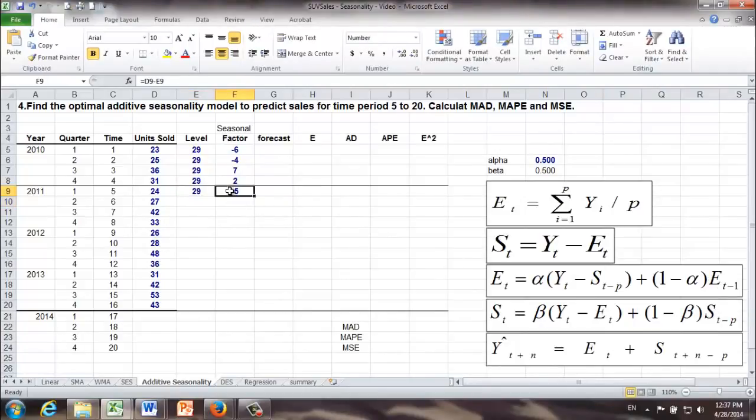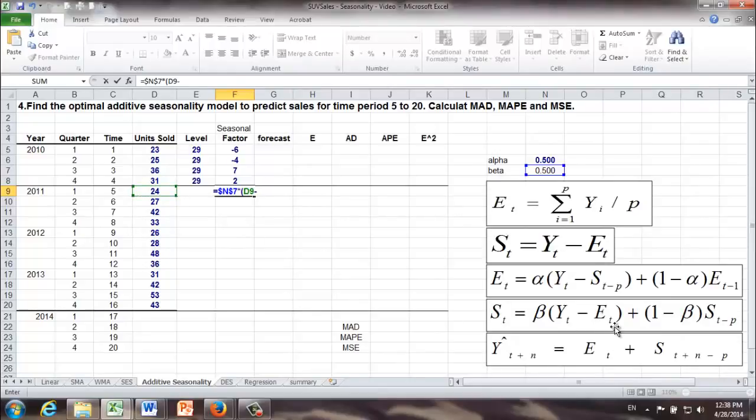And once we have that, we are ready to calculate the seasonal factor. Use our regular formula over here. So this one, S_t equals Y_t minus E_t, does not work anymore. So we're going to use the new formula. It's going to be equal to, okay, right here, S5 will be equal to beta. Beta, once again, for convenience, we assume it's 0.5 at the beginning. Beta absolute reference times Y_t, T is 5, so Y5 is in cell D9, minus what?